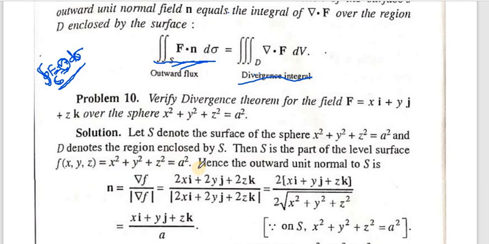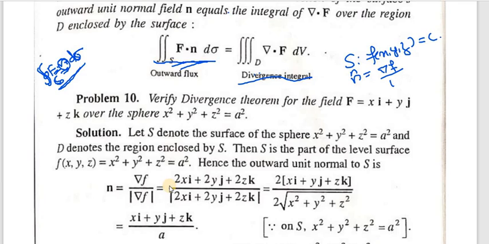Hence the outward unit normal to S is, we know that if the surface S has the equation f of x, y, z equal to c, then the outward unit normal vector n equals del f by mod del f.